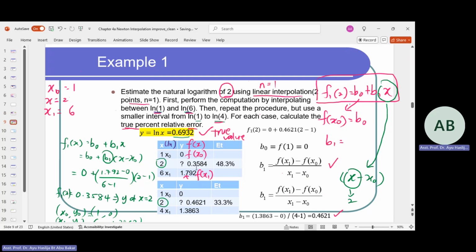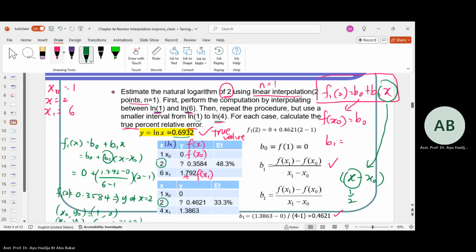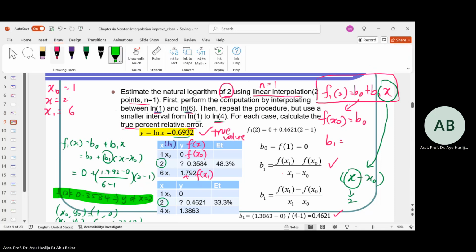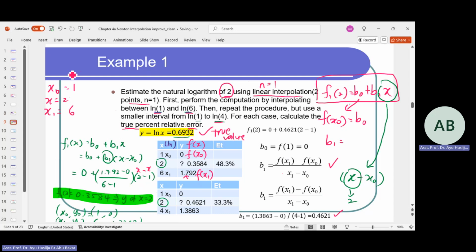Do you get 0.3584? Sorry, not X naught, X1. Sorry, correct, X naught. The value is 1. Here, X minus X naught.